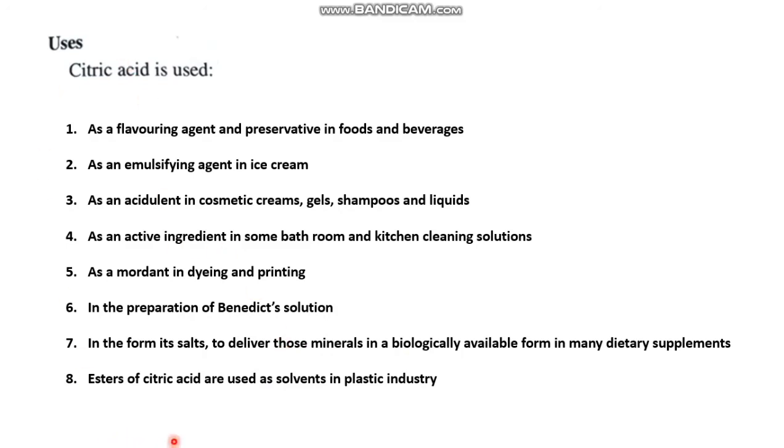Also, esters of citric acid are used as solvents in the plastic industry. So these are the important uses of citric acid. In this video we discussed citric acid, its methods of preparation, properties, and important uses.